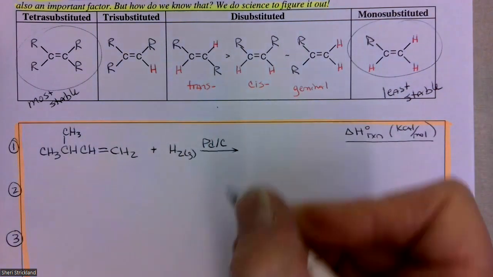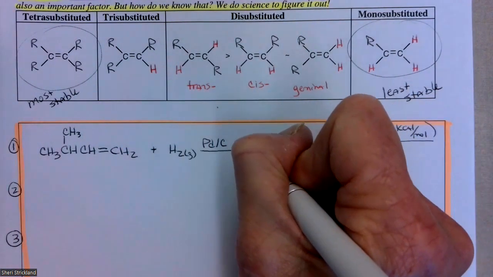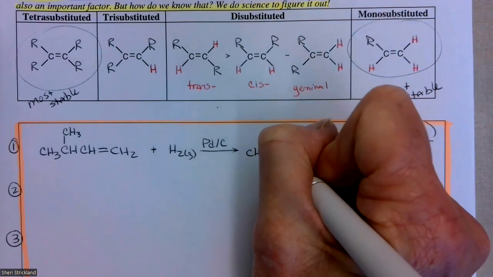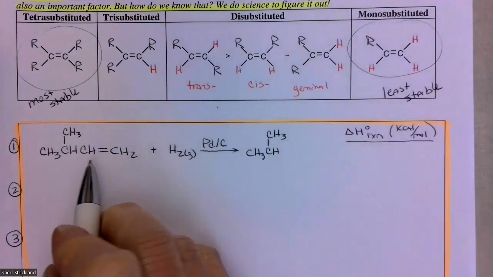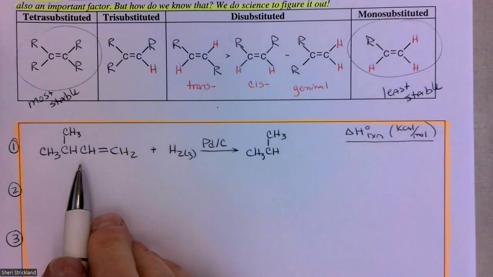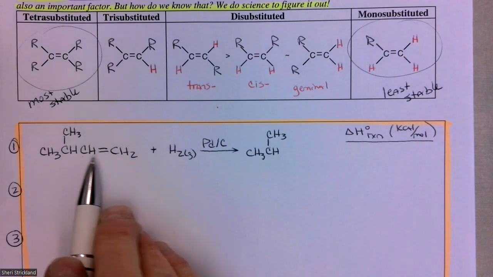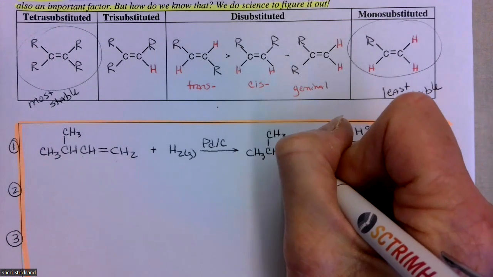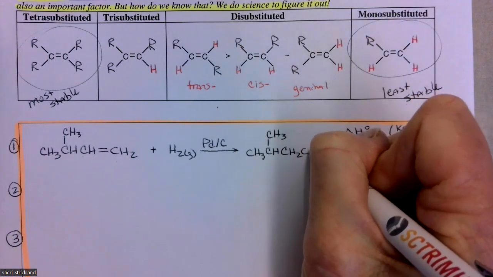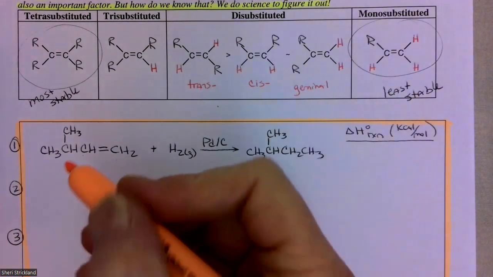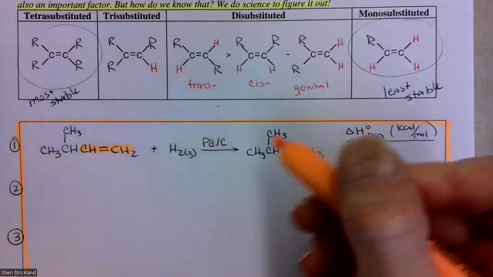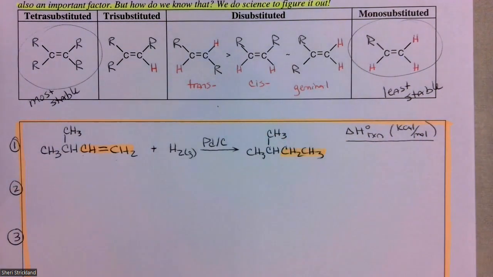And we find that when you do this reaction, this is the product that you get. So this part of the molecule looks all the same. And then in this part, we've added a mole of H2 across the pi bond. So 1 hydrogen goes here and 1 goes there. So you can see that this has turned into that.